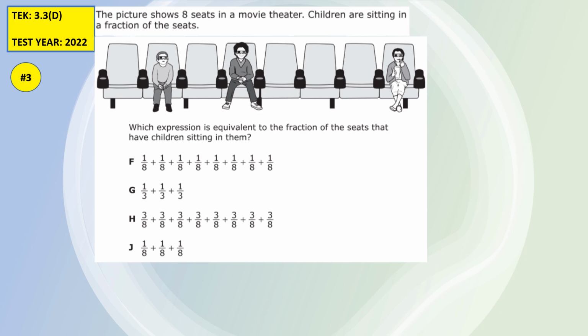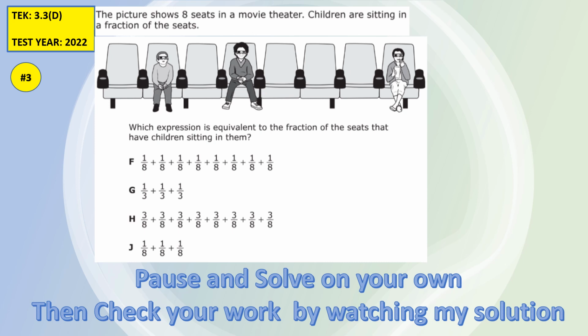Answer choice H, 3/8 plus 3/8 plus 3/8 plus 3/8 plus 3/8 plus 3/8 plus 3/8 plus 3/8. Answer choice J, you have 1/8 plus 1/8 plus 1/8. Go ahead and pause and solve on your own. Then check your work by watching my solution.